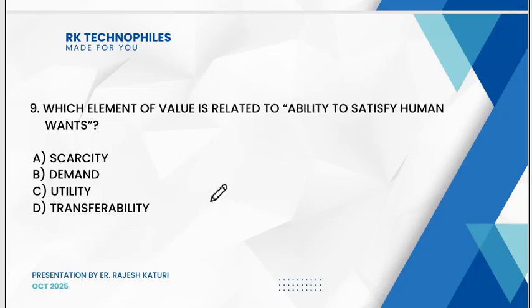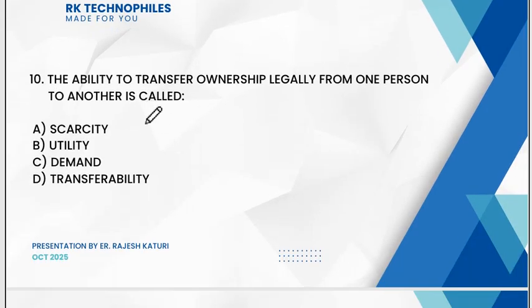Which element of value is related to the ability to satisfy human wants? Scarcity, demand, utility, transferability. It is utility. The ability to transfer ownership legally from one person to another person is called scarcity, utility, demand, transferability. It is transferability. So you have to underline the word legally.